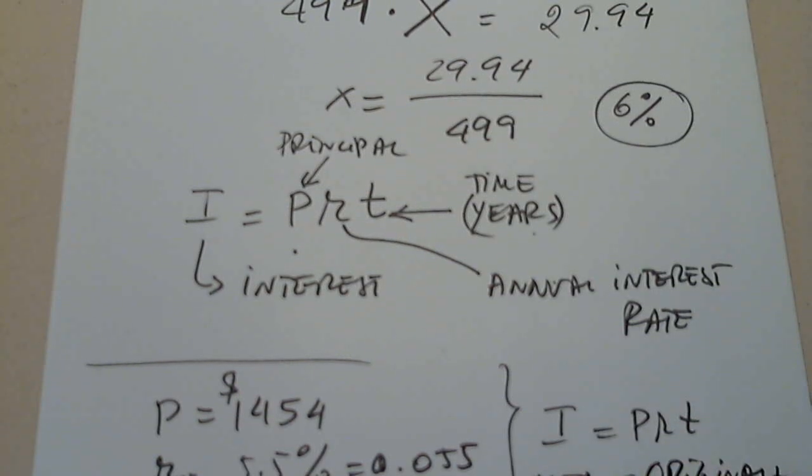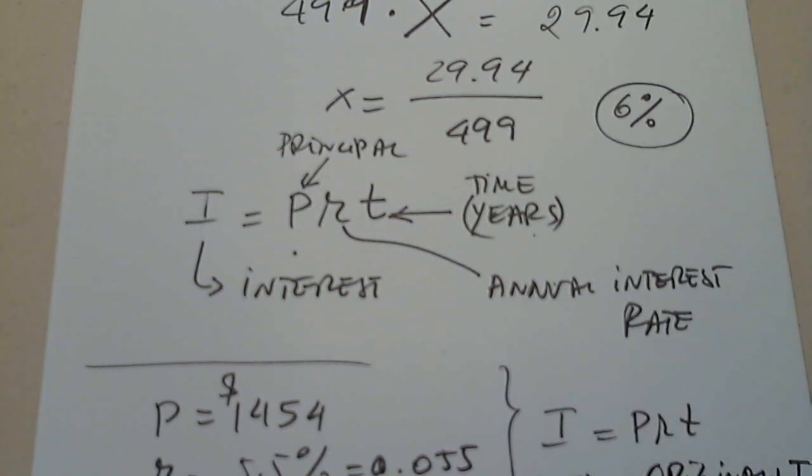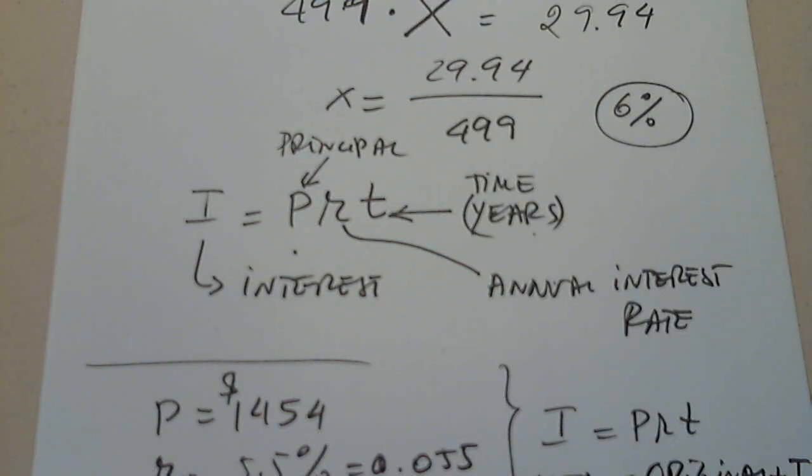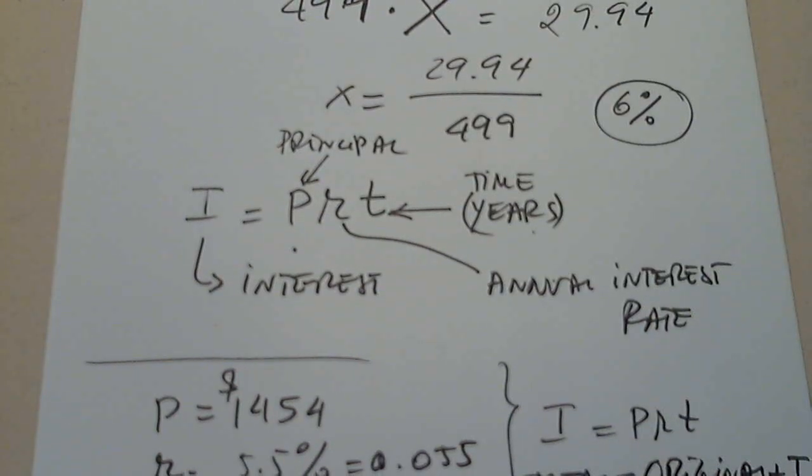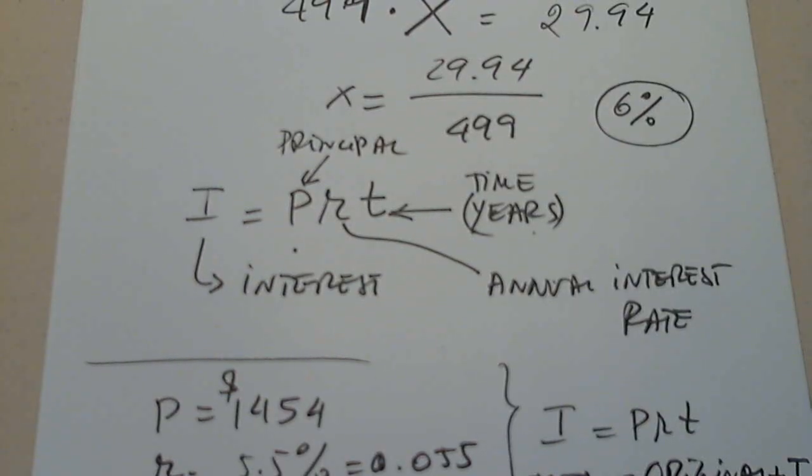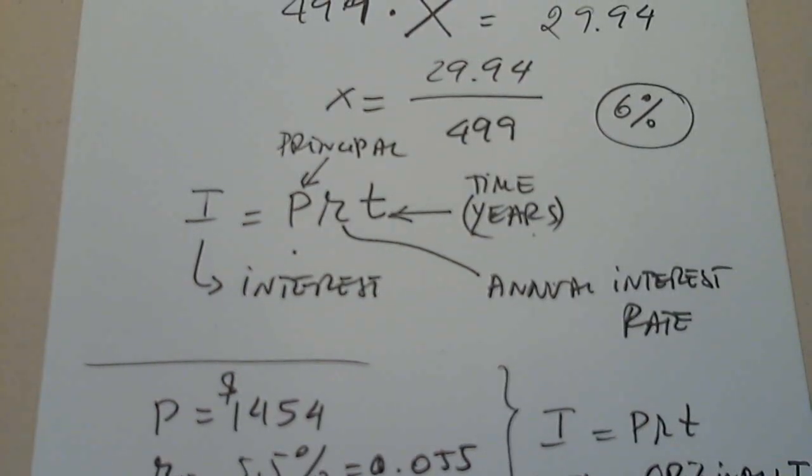The total equals the original plus I. So we'll determine I. We're going to add the original, or the principal, which is 1,454, and we're going to add the interest to it. So we are investing today $1,454. We're going to get such and such interest. And a year from now, we have $1,454 plus what we earned in interest.